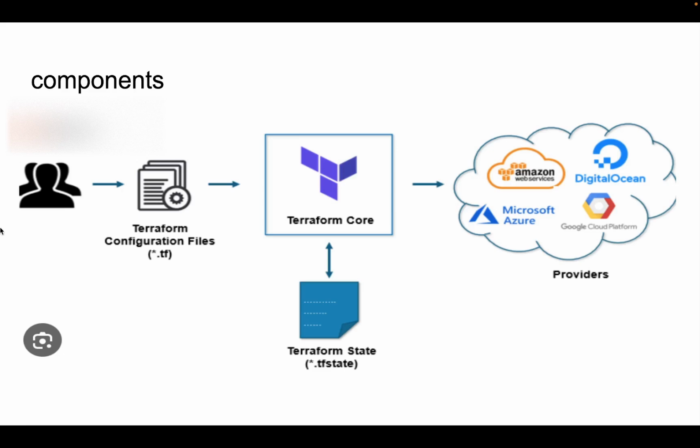Imagine you write your Terraform code using the syntax called HCL, HashiCorp Configuration Language. You write it in a file, which we call a configuration file. It is a document.